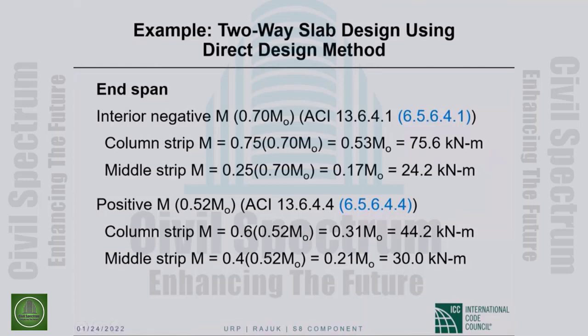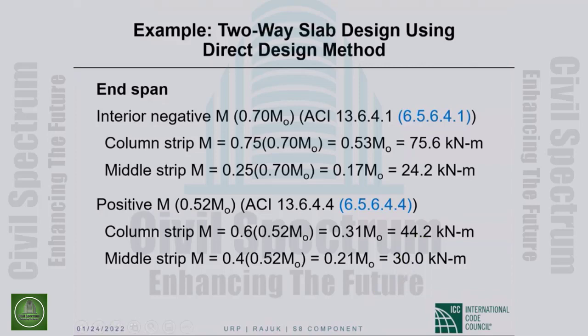This is interior negative moment, column strip so much, middle strip so much. The positive moment in the end span, column strip 60% comes to 44.2 kilonewton meters, middle strip 40% comes to 30 kilonewton meters.